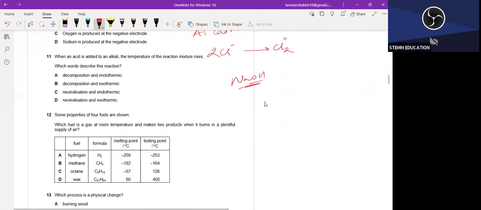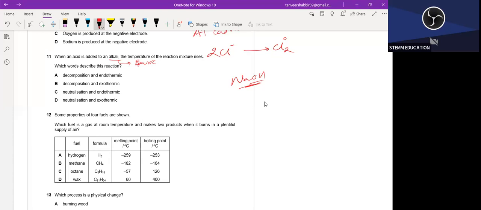Now, question number 11. When an acid is added to an alkali, the temperature of the reaction mixture rises. So it's basically a neutralization reaction. We already know that when an acid reacts with a base, alkali means base, a neutralization reaction takes place, and overall the temperature of the mixture increases.